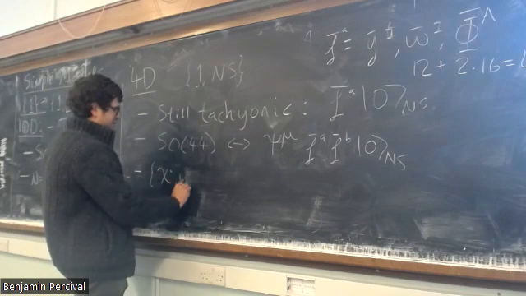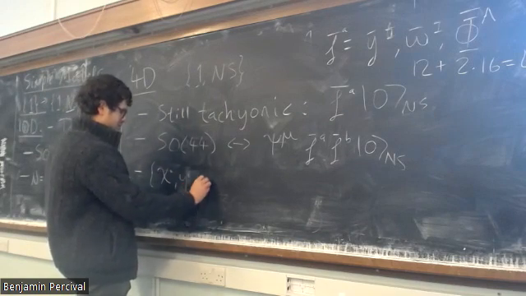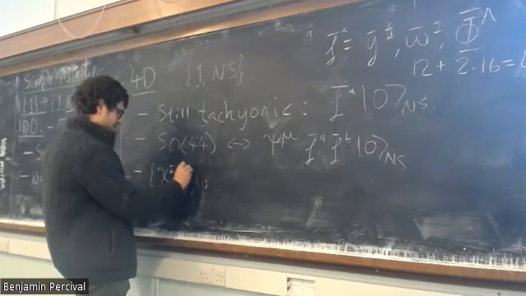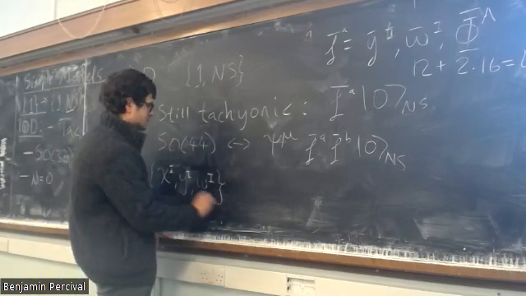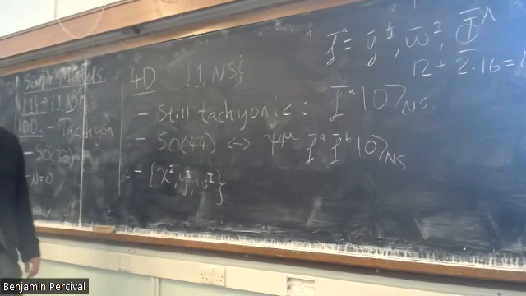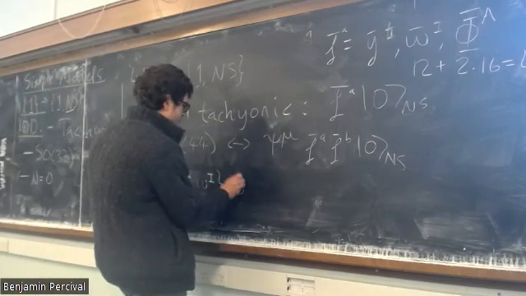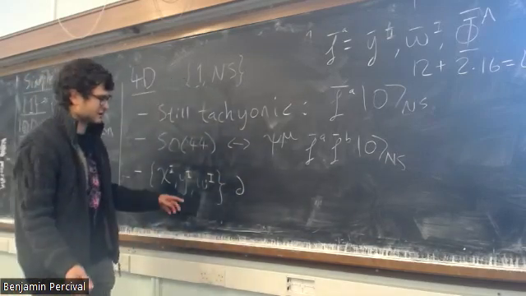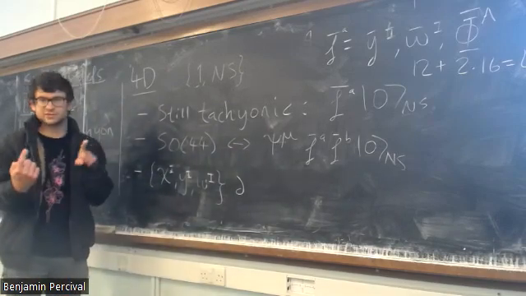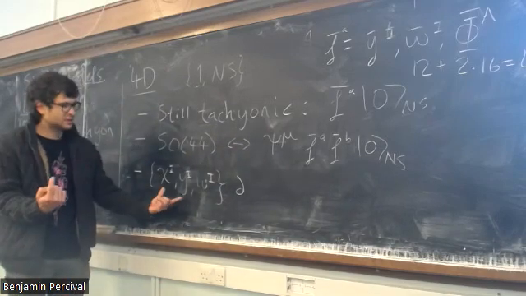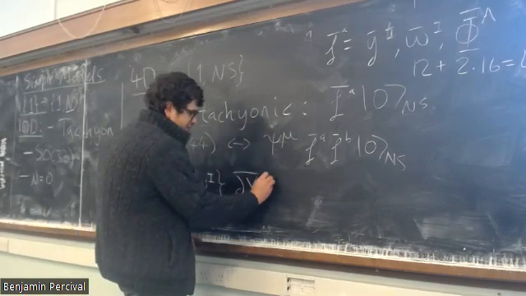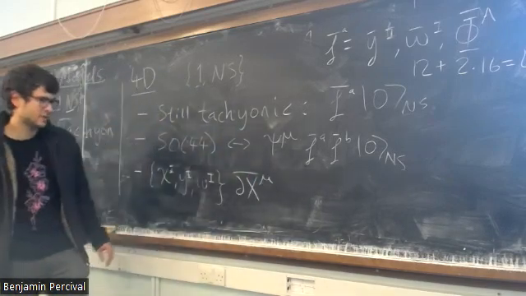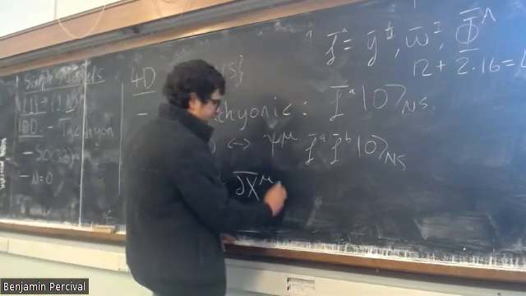But you'd have states like this, where you act with one of these oscillators. We know that we get the gravitational states from psi mu, acting with this bosonic operator on the anti-holomorphic side.